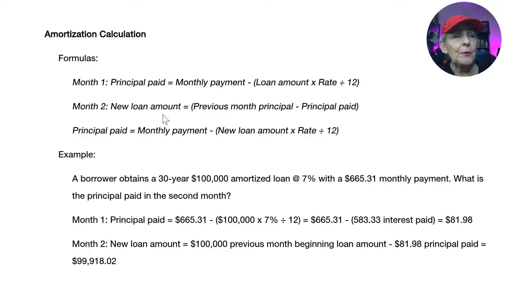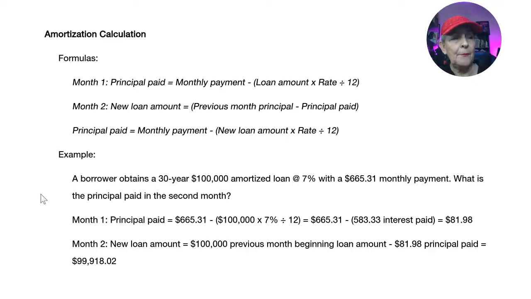So the new loan amount equals month principal minus the principal paid. Principal paid equals monthly payment minus new loan amount times the rate divided by 12. Anytime you see the rate, you're dividing by 12 because the rate is annual.